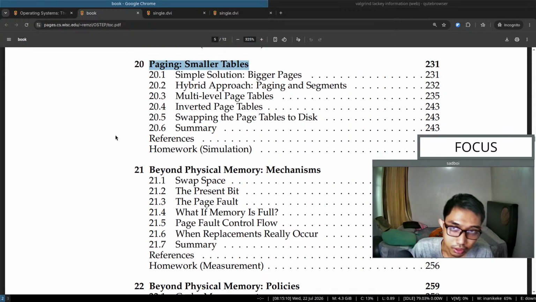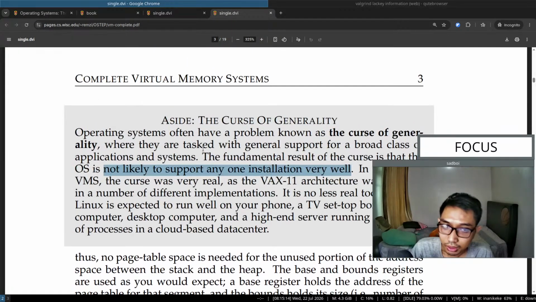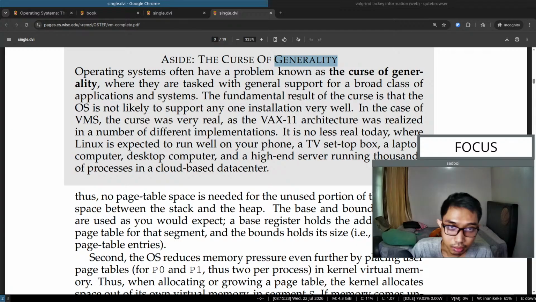Maybe not. The operating system is trying to handle a lot of stuff, so maybe the designers handle that. But I'm not sure yet.